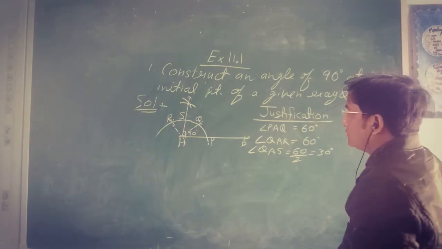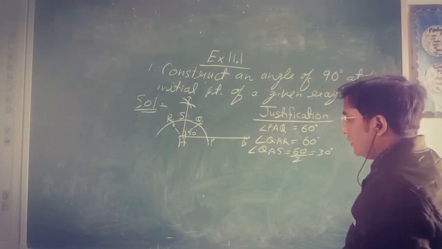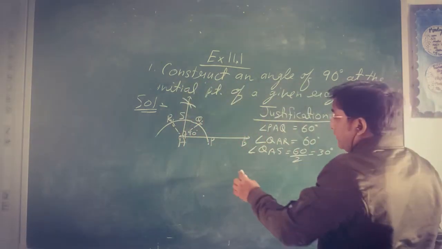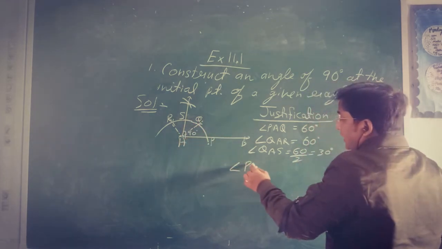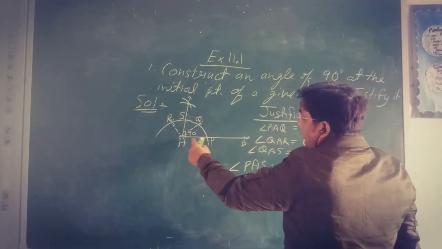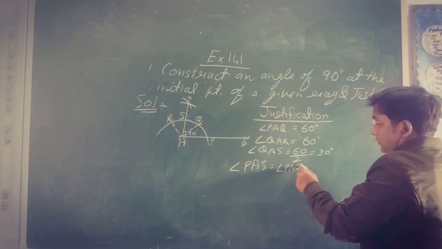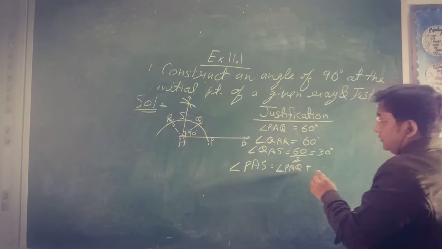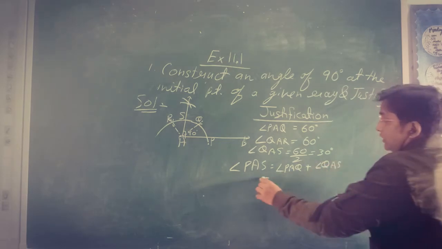Now we can prove this 30 degree. So angle PAS is angle PAQ plus angle QAS.